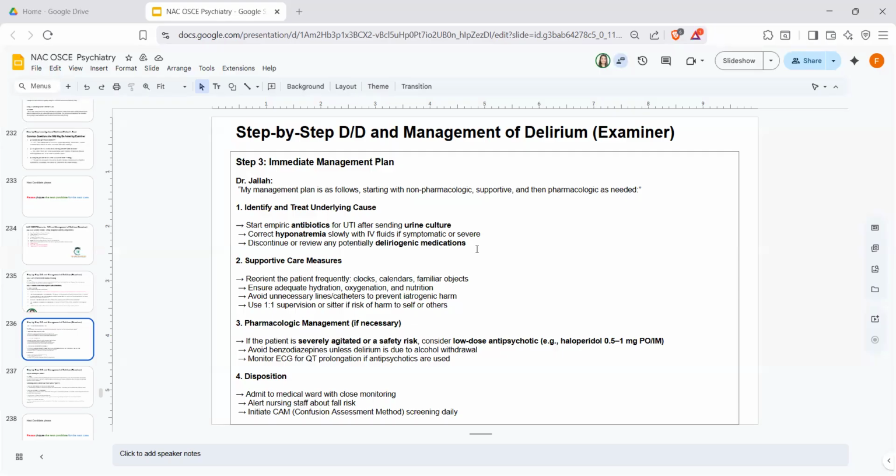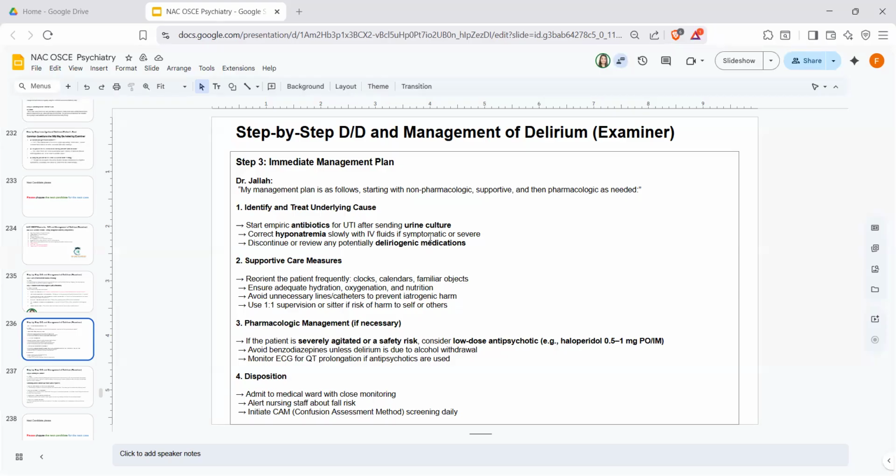First, I'm going to identify and treat the underlying cause. In this case, we believe it is due to the UTI, so I'm starting the patient on empiric antibiotics for his UTI and sending a culture to determine the causative bacteria and sensitivity profile.